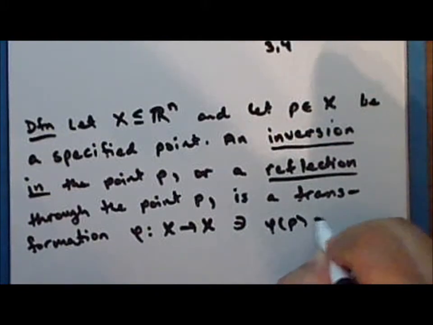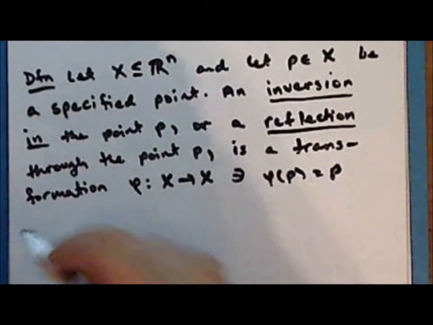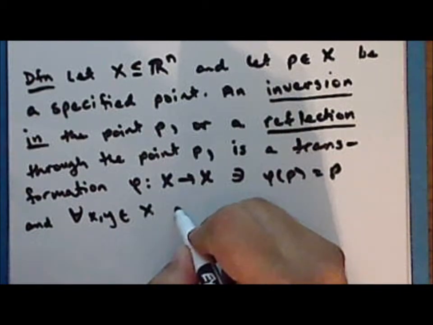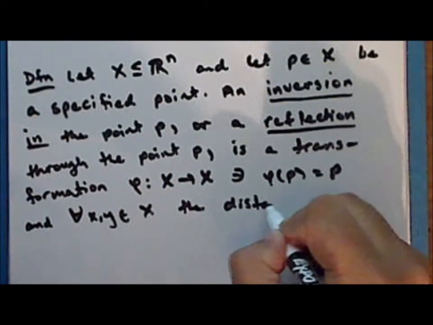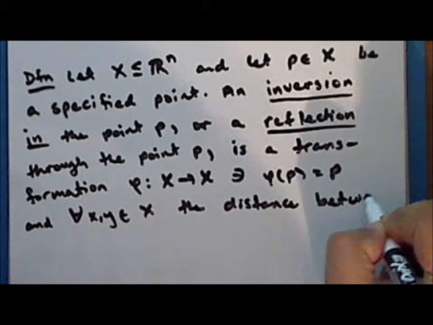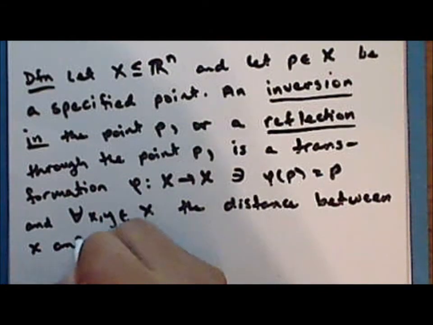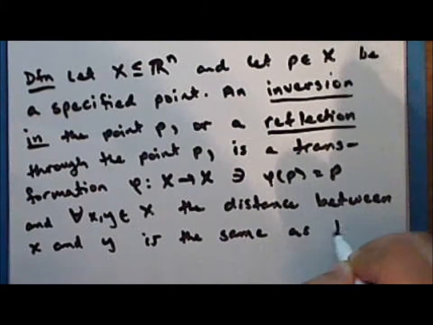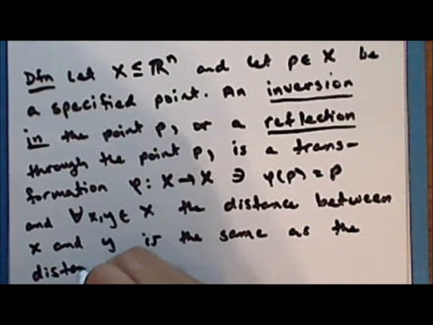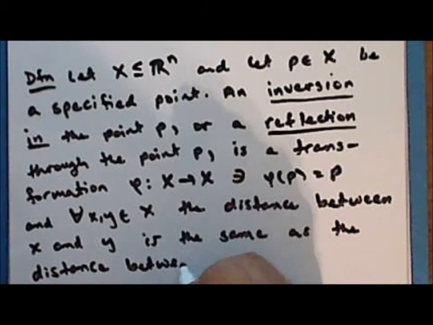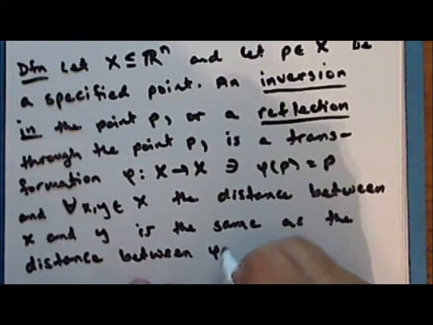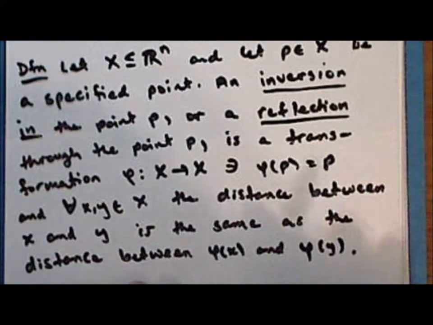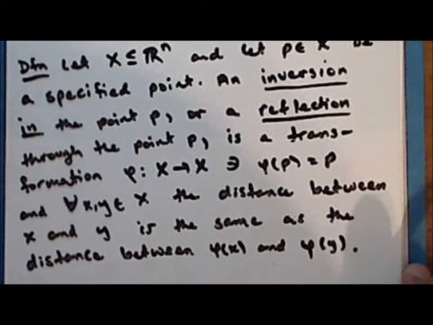phi of P is equal to P, that is, the point P is fixed, and for every 2 points, X and Y, in the set X, the distance between the points X and Y is the same as the distance between the points phi of X and phi of Y. Now, a map which preserves distances is called an isometry.